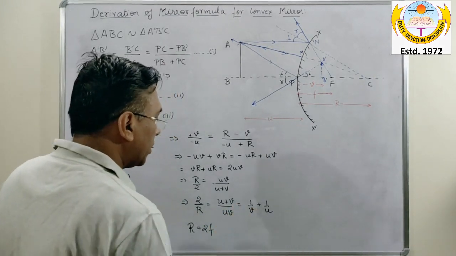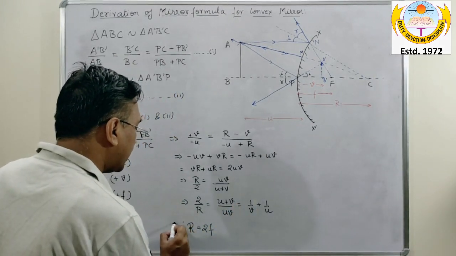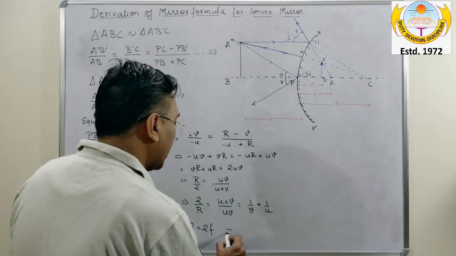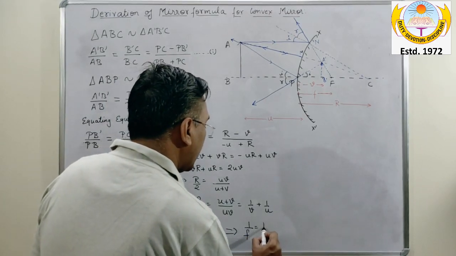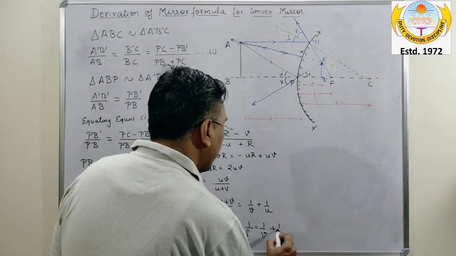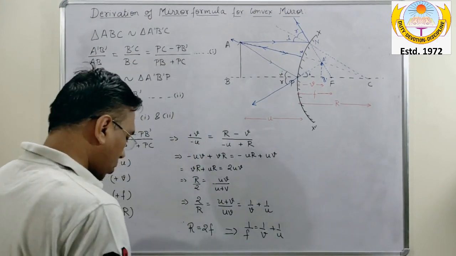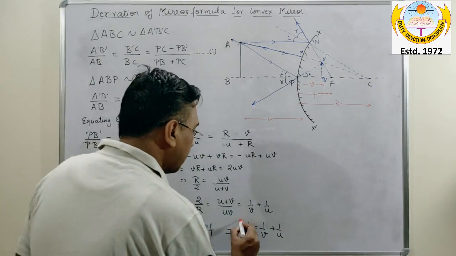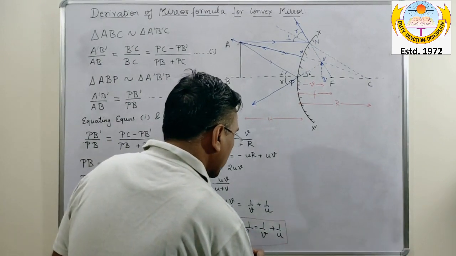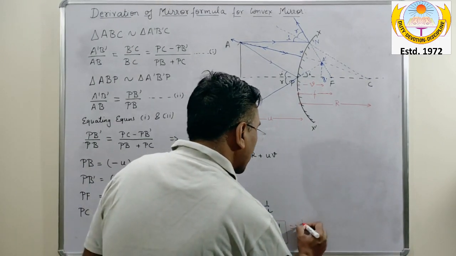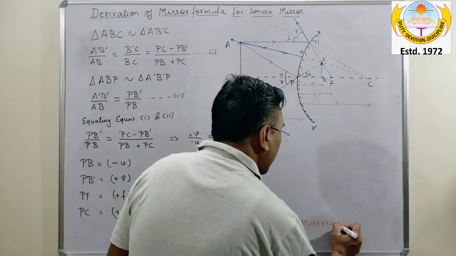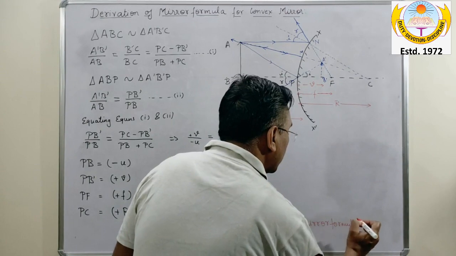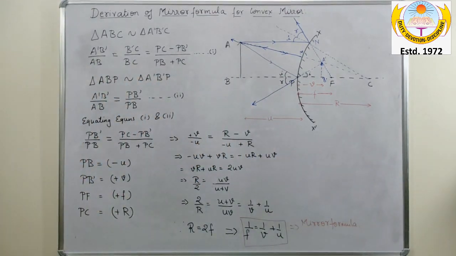So since R equals 2f, the above expression becomes 1 upon f equals 1 upon V plus 1 upon U, which is nothing but the mirror formula. So this is the mirror formula, and we did the derivation for the convex mirror.